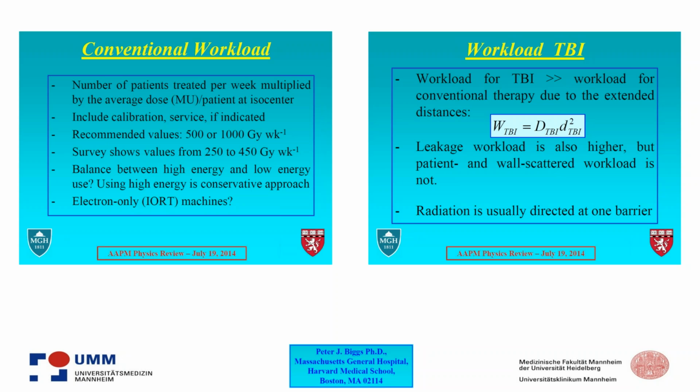To give you an idea how complex the situation could be, there was a review from the AAPM from 2014 about the NCRP 151 report. And all the mentioned parameters are now defined much more in detail. So next one.